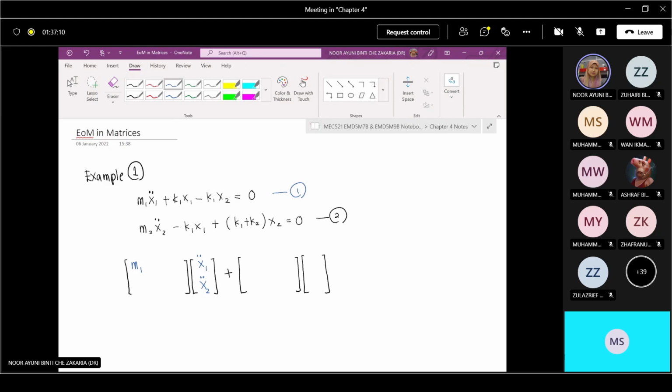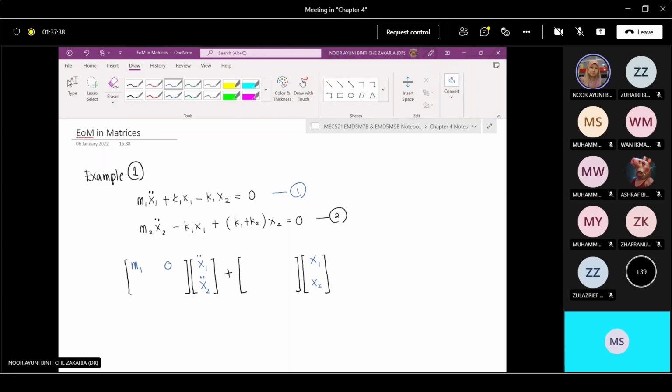Equation 1 has no X2, no M2. So it becomes half empty. Okay, you have the displacement vector here, X1 and X2. If you arrange X1 at the top, make sure all is X1, it's easier. You can arrange it the other way, but it's easier for you to have a look at X1, X2 like that.